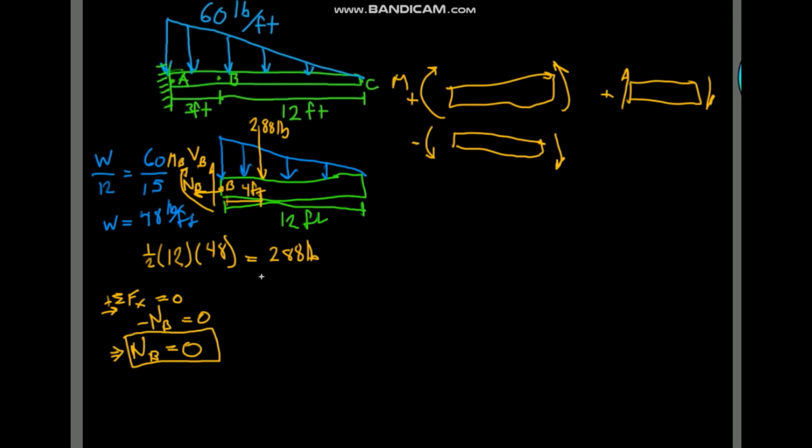For the shear force, we'll take the sum of the forces in the Y direction equal to 0, with up being positive. So we've got a positive V_B minus our 288 pounds equals 0. From that, we'll be able to tell that our internal shear force is equal to 288 pounds.